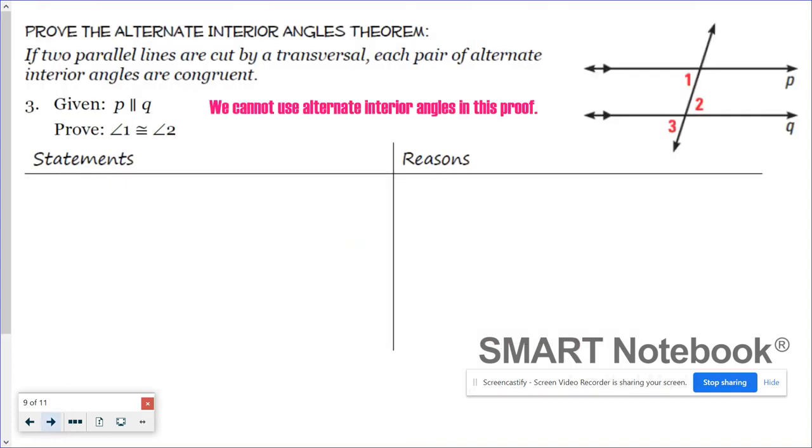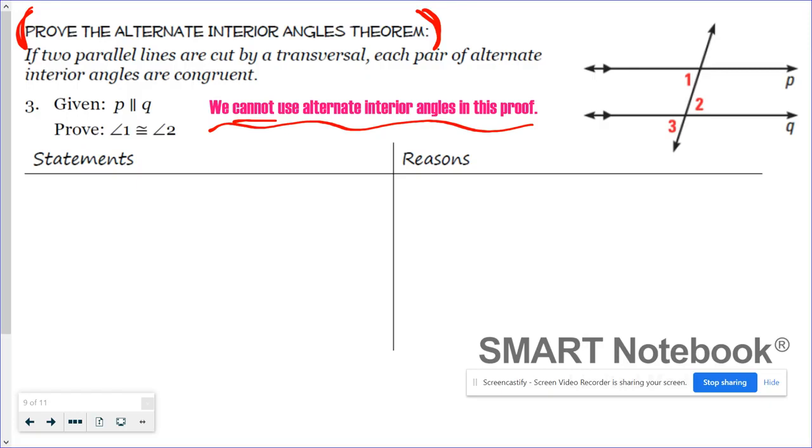Okay. So in this problem here, our goal is to prove the alternate interior angles theorem. Whenever we prove theorems in geometry, we are not allowed to use the theorem in our proof. So what that means is that we cannot use alternate interior angles in our proof.